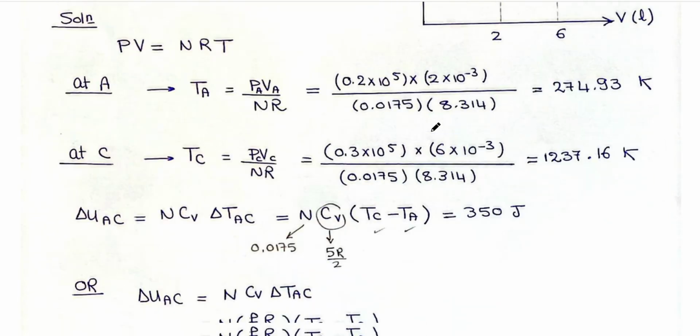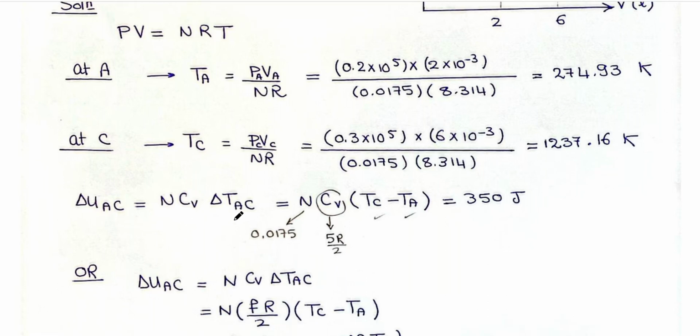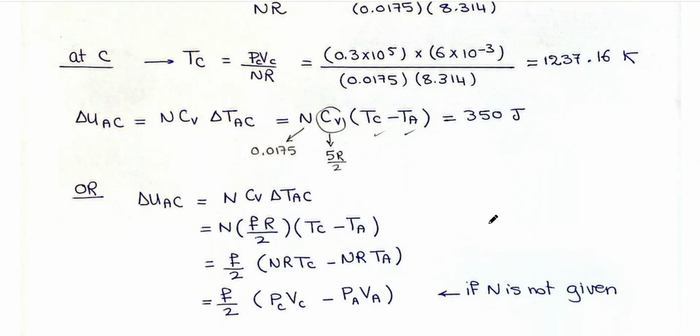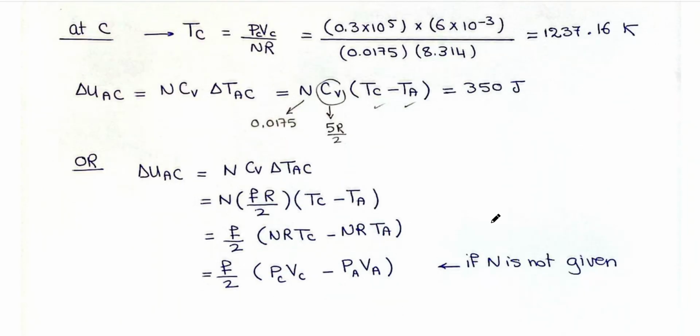When we want to substitute, we can substitute with nCv delta T, with the number of moles, the Cv, and the temperature to get the change in internal energy. Or you can use the other form we discussed before. If n is not given, you can use this form.